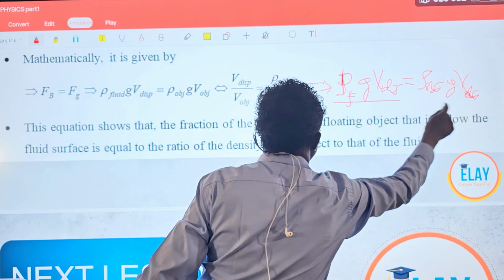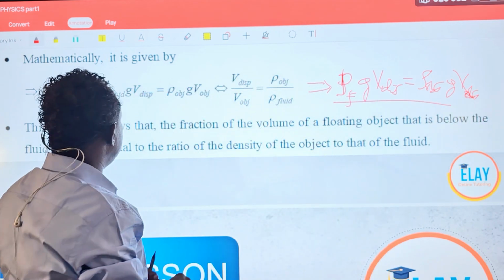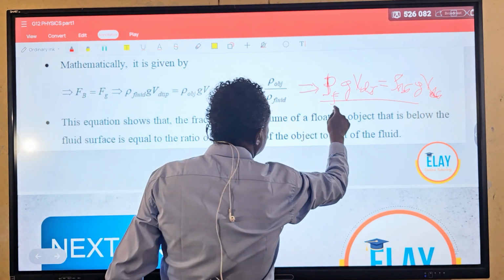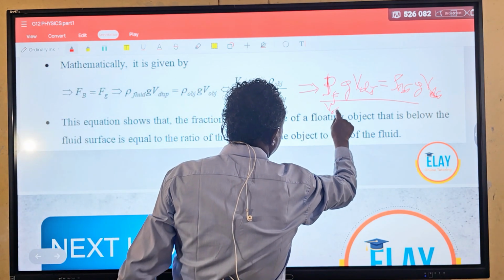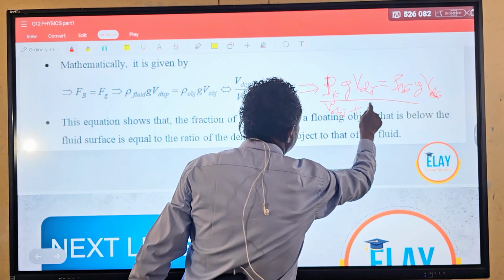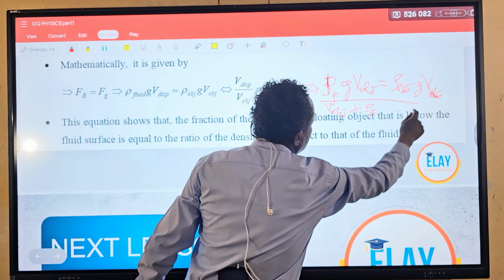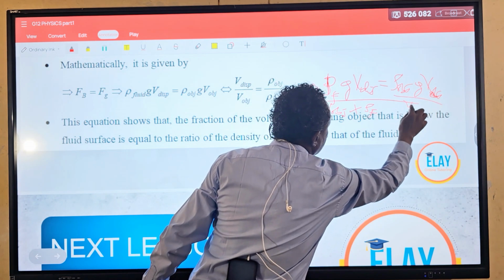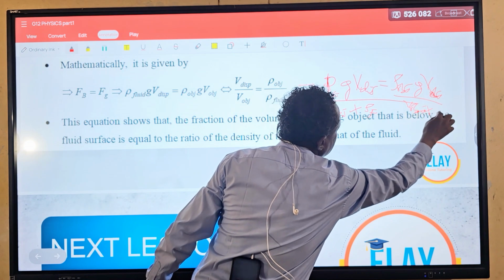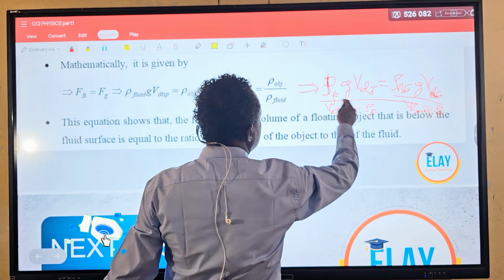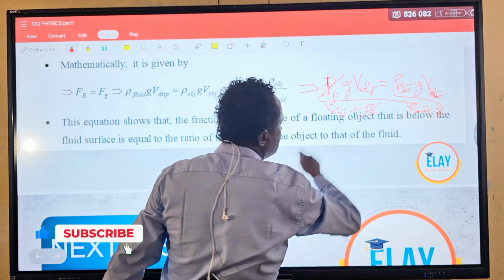Then take the ratio of the displaced volume to the volume of the object, times the density of the fluid, on both sides of the equation. From these sides, we can cancel this by this.